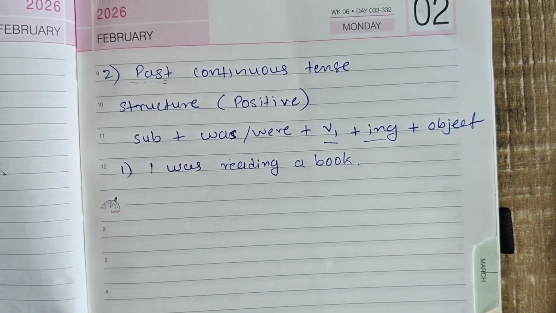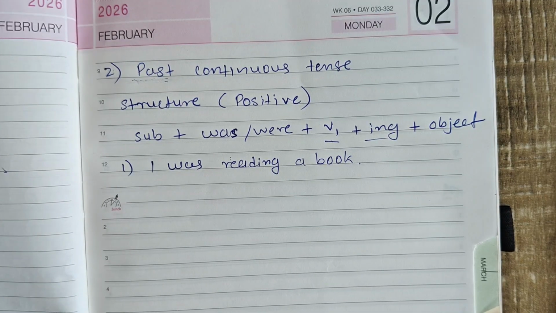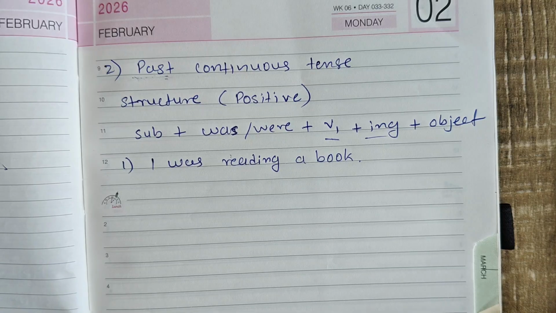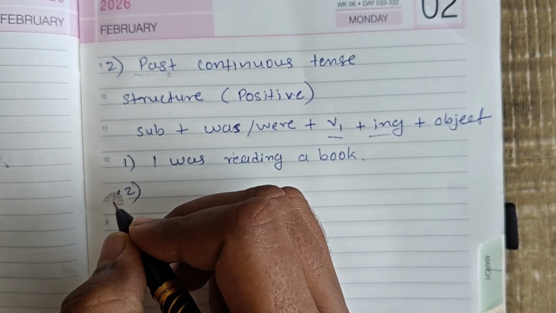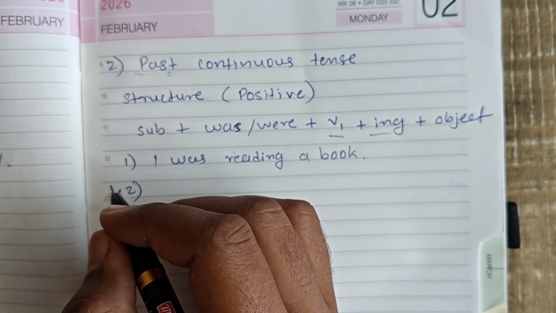If somebody asks you what are you doing while you are not on the phone, at that time we can tell him that I was reading a book or I was just watching TV, like that. So we use it to tell what we were doing in the past.